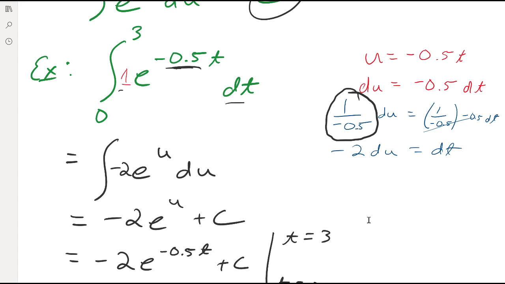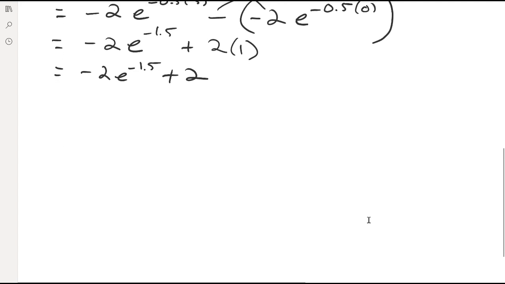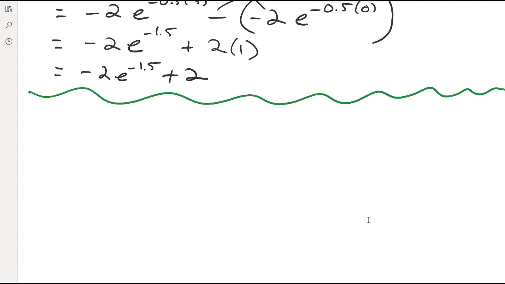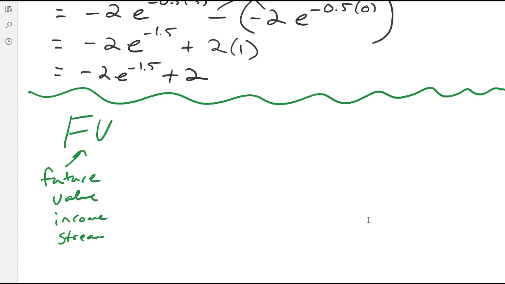All right, so now, with that being said, we can talk about income streams. As I said, an income stream, as the name implies, is not just one deposit that you make, it's several deposits that you make. And sometimes you want to know what's my future value and what's my present value of these income streams? Well, it turns out that the future value, this is shorthand notation for future value of an income stream, is the following.